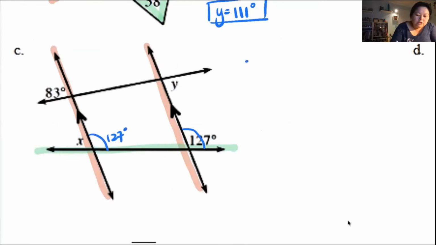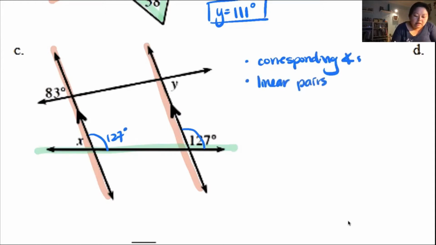All right, so first relationship, I have corresponding angles. Then, because that 127 is right next door to the x and they make a straight line, I have linear pairs again. So linear pairs, and it allows me to say x plus 127 equals 180. So x must equal 53 degrees.